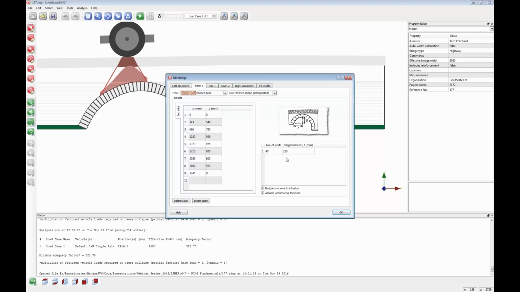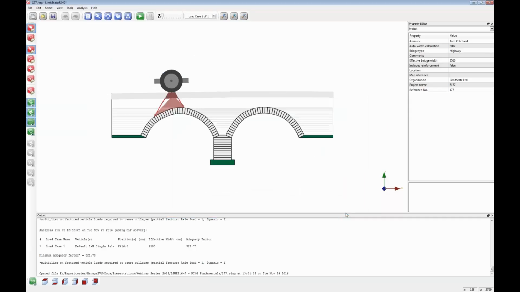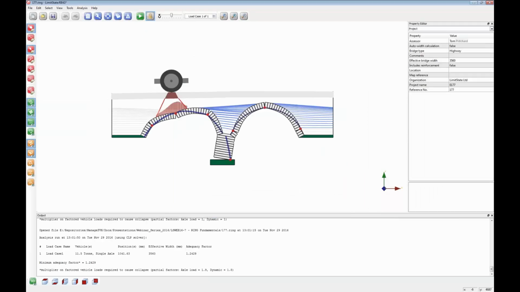You can also see ring thickness here, 220. So what I can do again is I can click the green play button to solve the problem, and depending on where the load is applied, I will get a different failure mechanism.